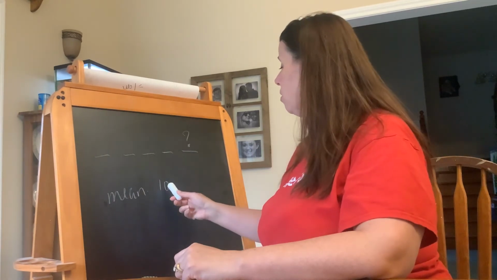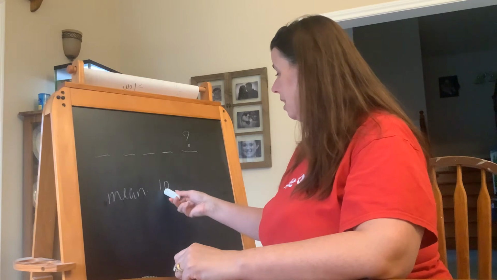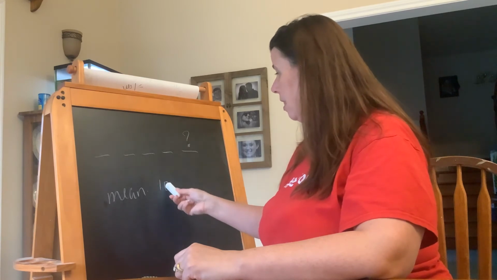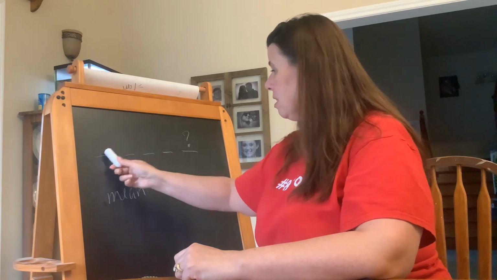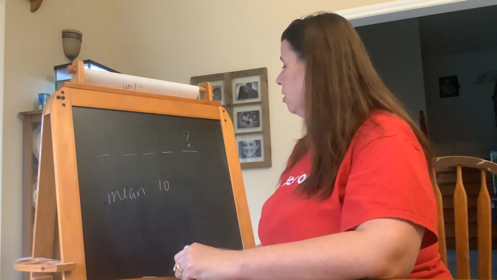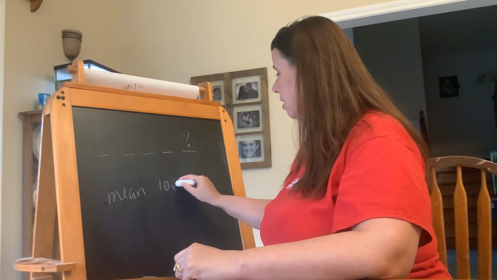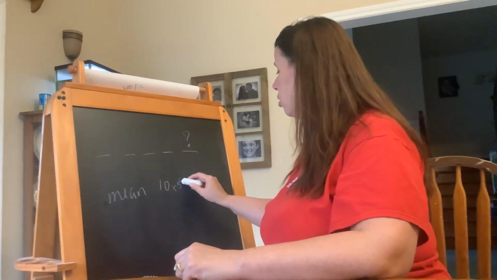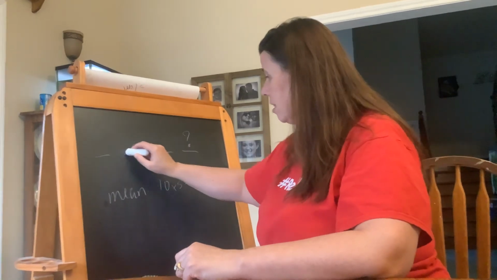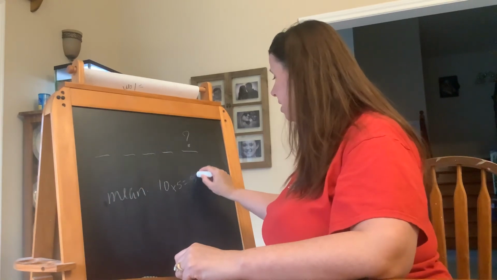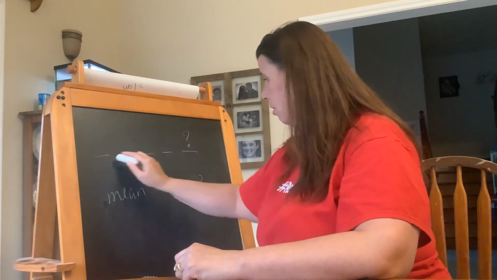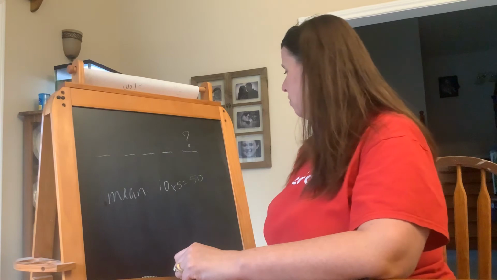So if you know what the mean is, take that and multiply it by how many pieces of data there are, in our case, 5. I know that the total has to equal, in this case, 50, because I had 5 pieces of data and I know the mean is 10.